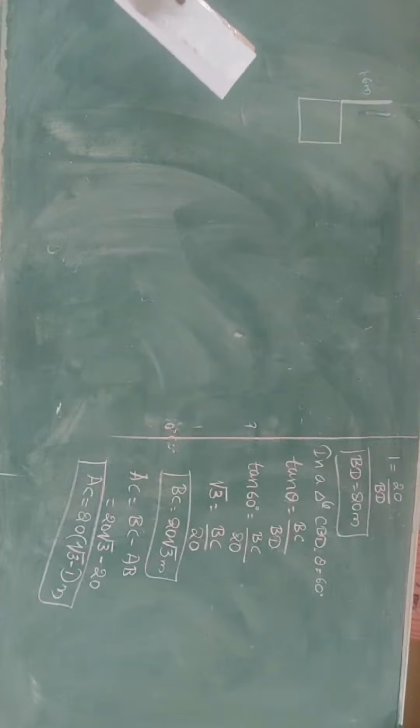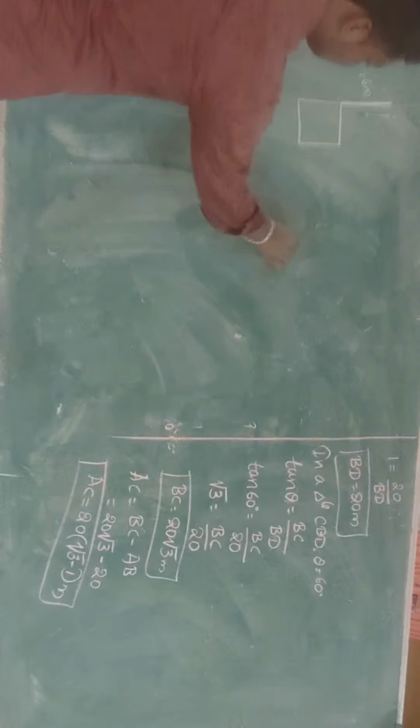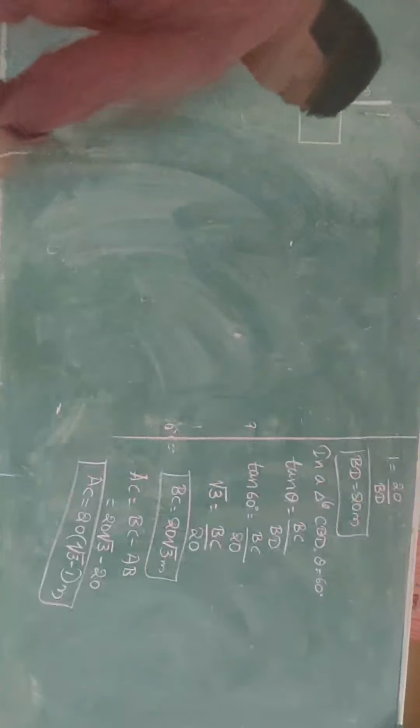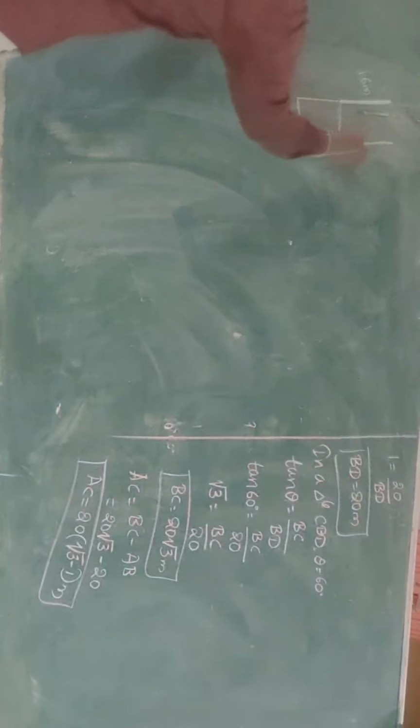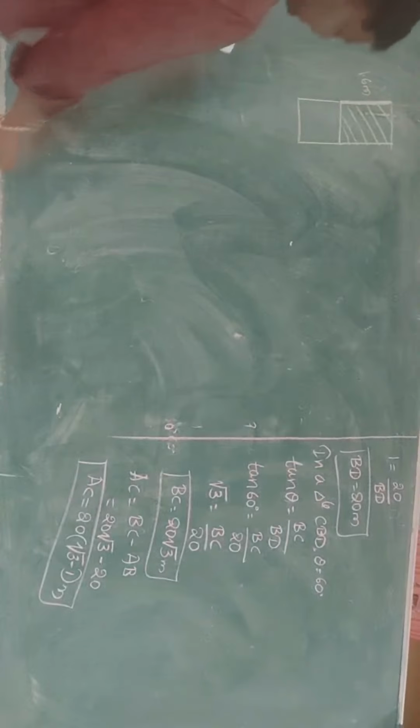From a point on the ground, the angle of elevation of the top of the statue. Here is one point on the ground. So imagine this is the statue. The shaded part is the statue and the unshaded part is the pedestal.